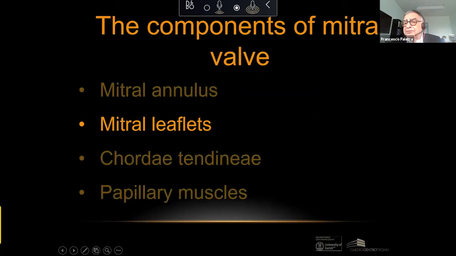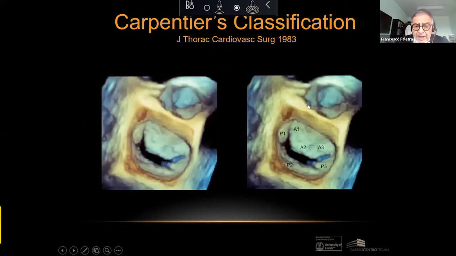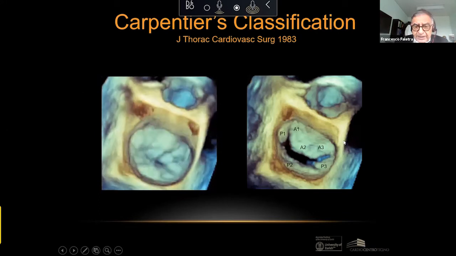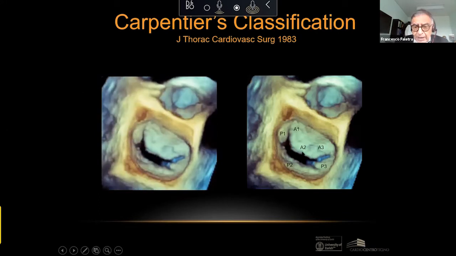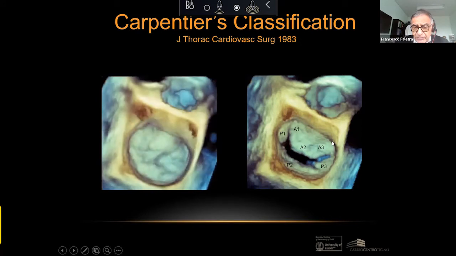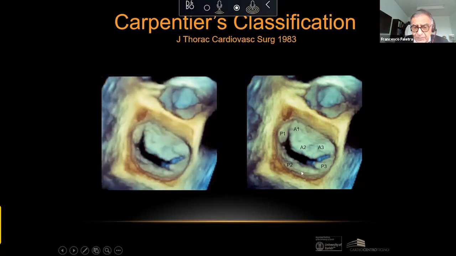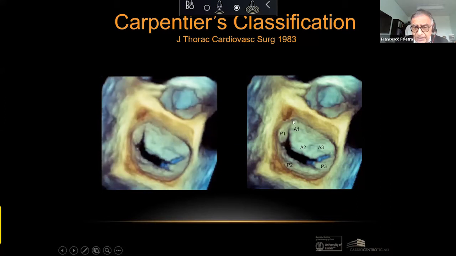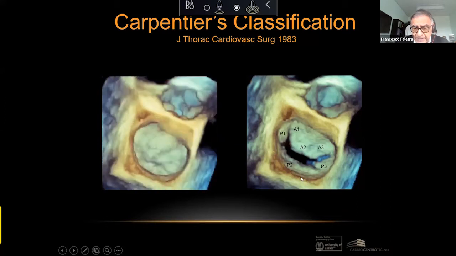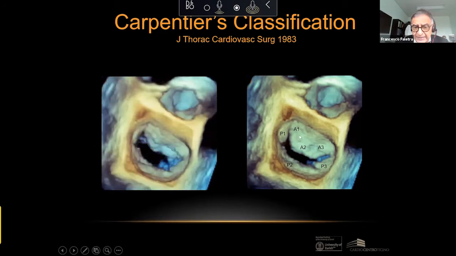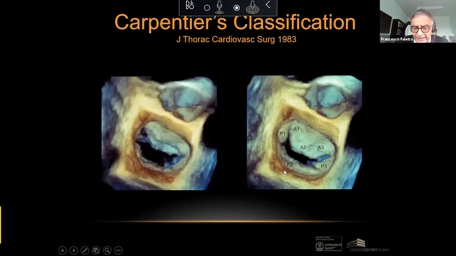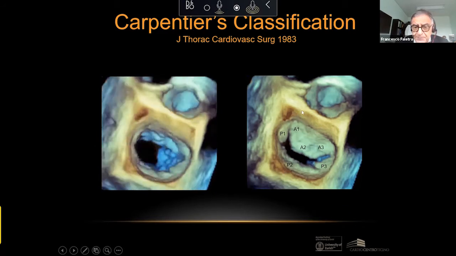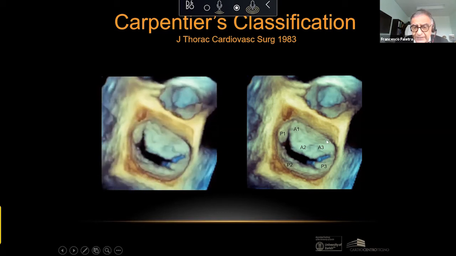Now let's go to the mitral leaflets. You know very well that the anterior mitral leaflet is longer, but its insertion on the annulus is shorter, while the posterior mitral leaflet is shorter, but its insertion on the annulus is much more extensive. The posterior leaflet is divided into three scallops, P1, P2, P3, while the anterior leaflet is not divided into scallops.